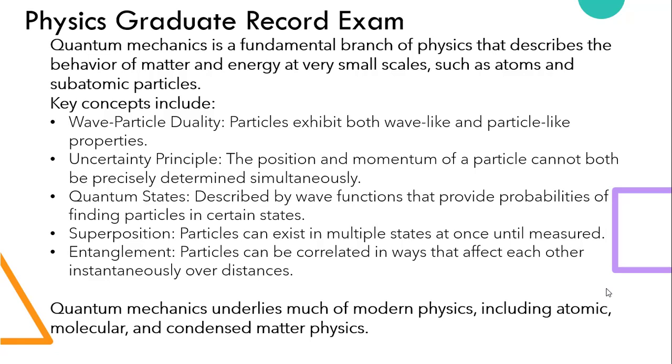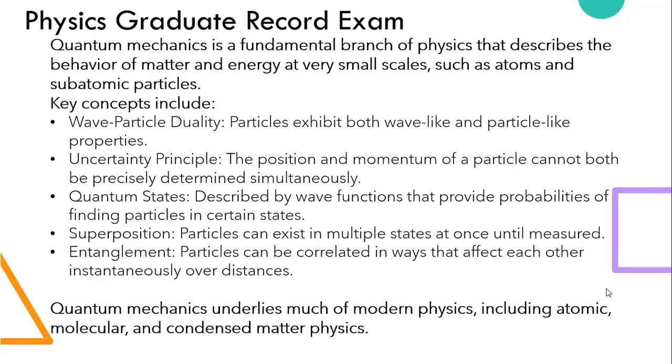We talk about quantum states, which describe wave functions that provide probabilities of finding a particle in a certain state. There's superposition, so particles can exist in multiple states at once until they're measured. And something crazy called entanglement, where particles can be correlated in ways that affect each other instantaneously over distances.